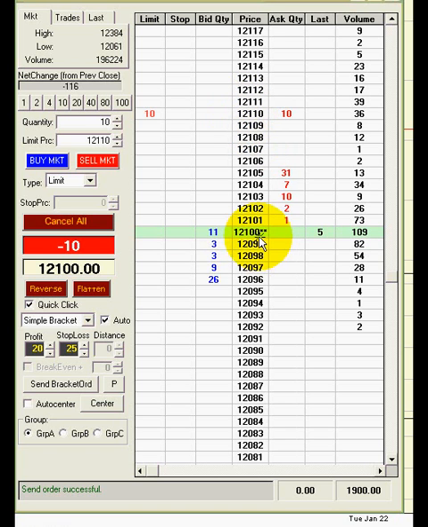And if we fall through these numbers right here, you notice over here, this is how low we've gone so far, although the low of the day, which shows right here, is 12,061. So it has been lower than this today. And it's been generally a downtrending day. So let's just see what happens here. But, you know, this can get very exciting very quickly here.